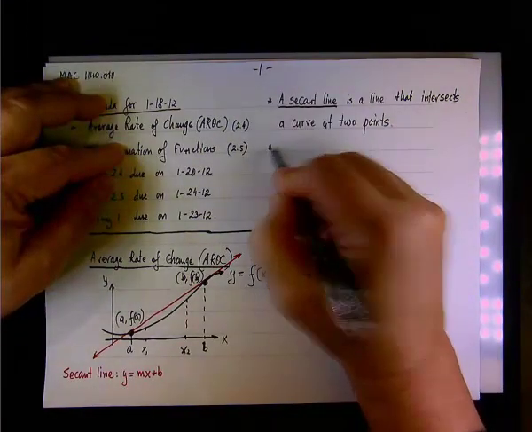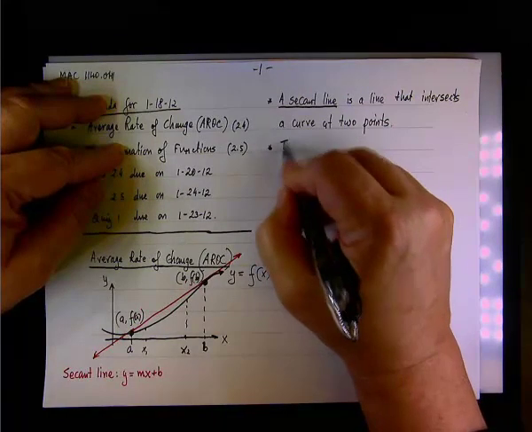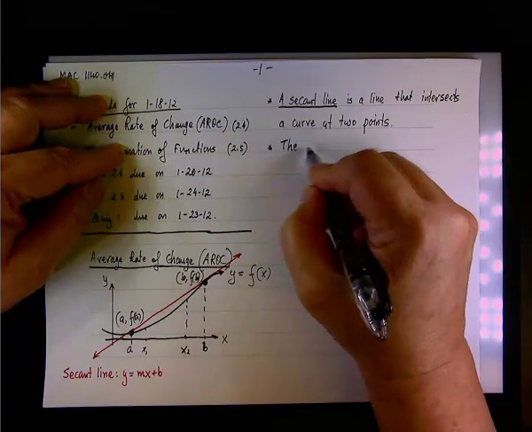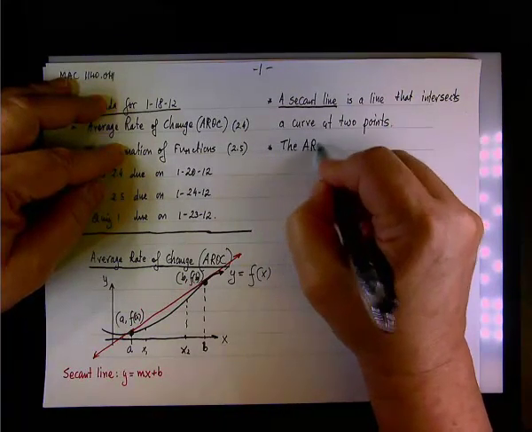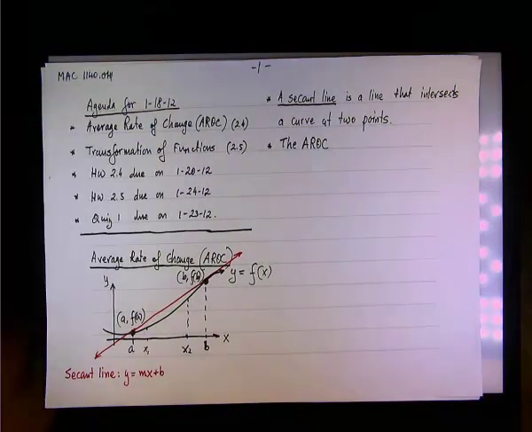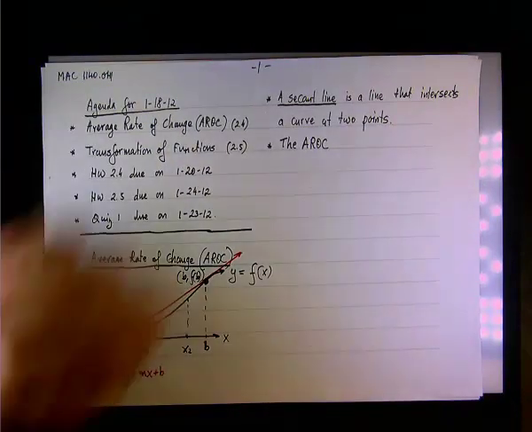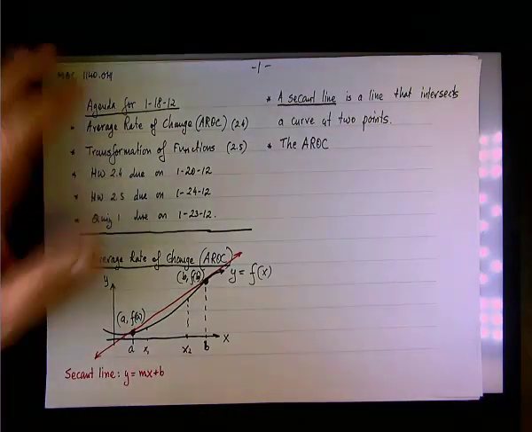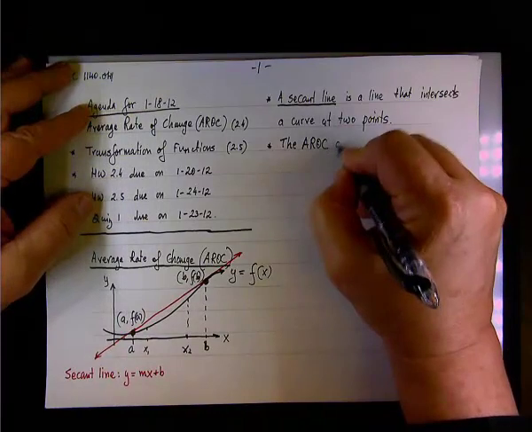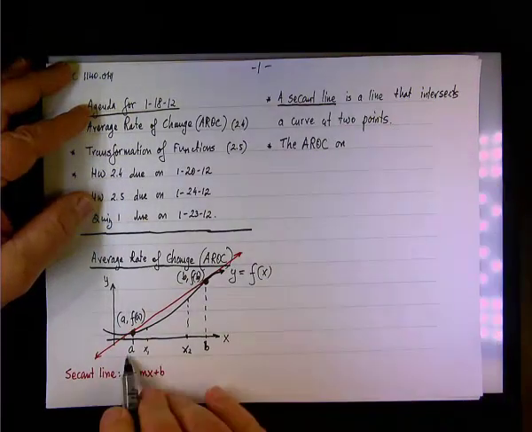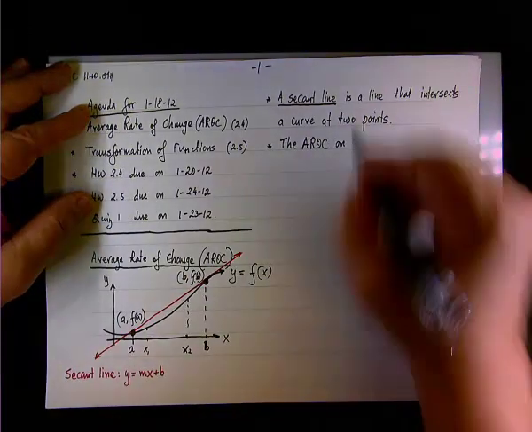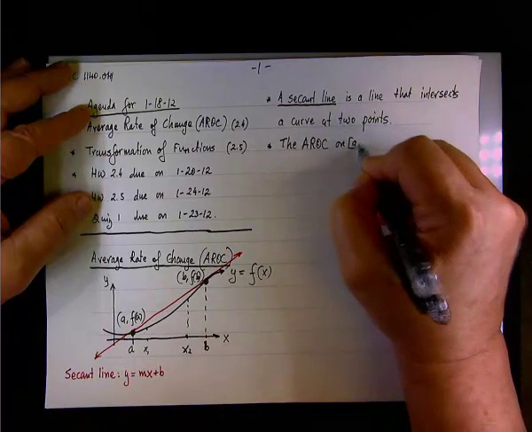What is the average rate of change? Well, the average rate of change, or the AROC, here we're going to define the average rate of change on a certain interval. It will be the closed interval, and the interval in this case will be the interval from A to B. So we'll use the bracket notation.